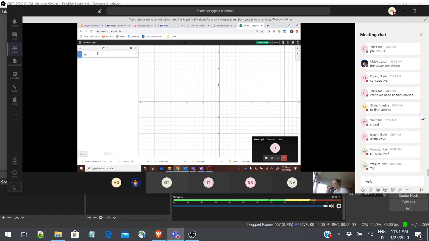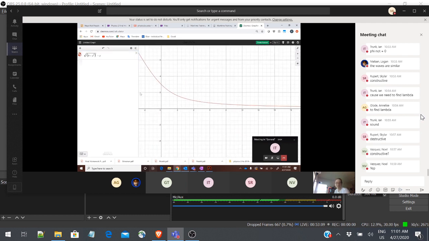Okay, so square root of 9 plus x squared, minus x. Okay, so this is what delta R looks like.